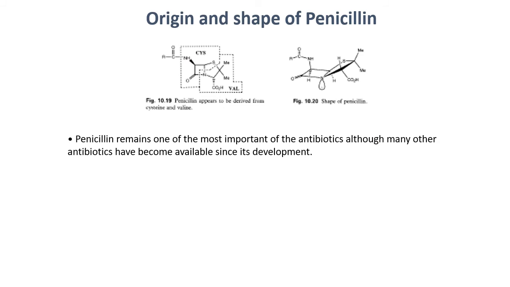So what's the origin and shape of penicillin? It's been noted that it has structural similarities to cysteine and valine amino acids when seen from side on, which may be why it binds to the penicillin binding protein so well.